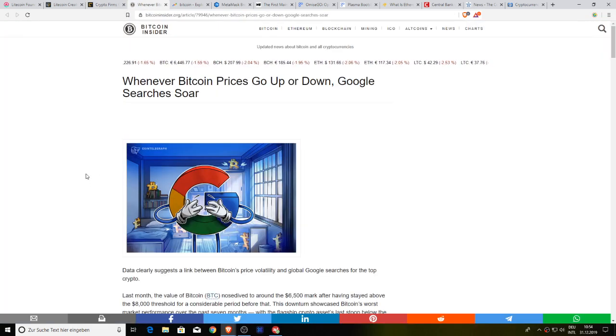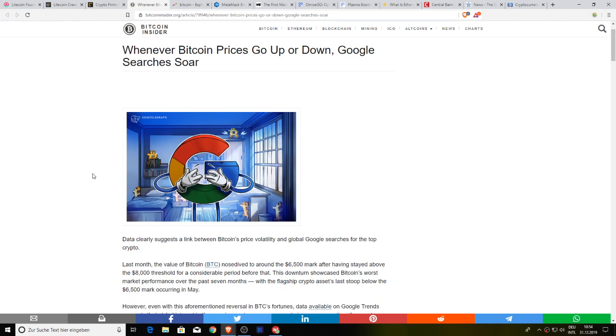Next up, data clearly suggests a link between Bitcoin's price volatility and global Google searches for the top crypto last month. The value of Bitcoin nosedived to around 6,500, having stayed above 8,000 for a considerable period before that.